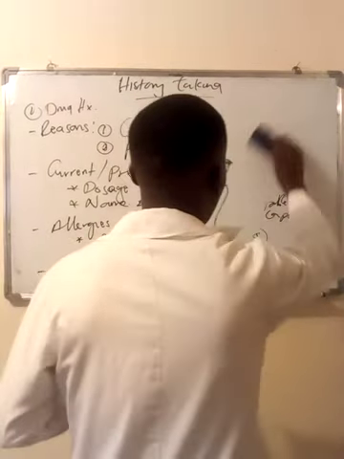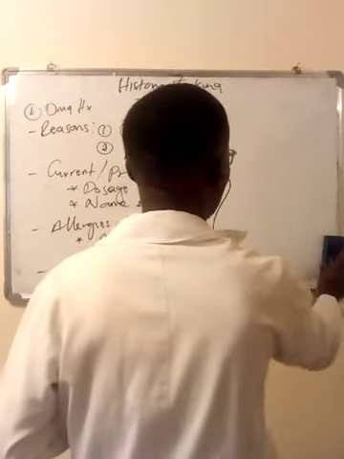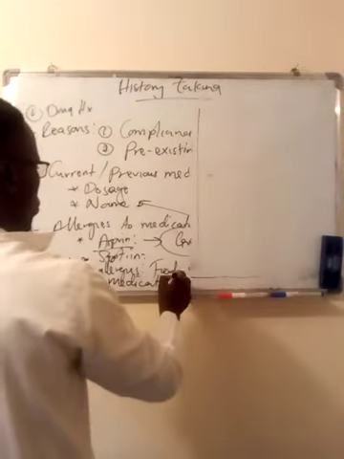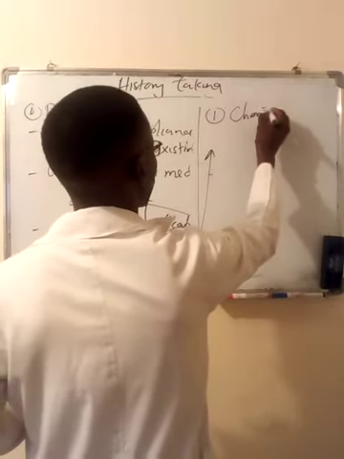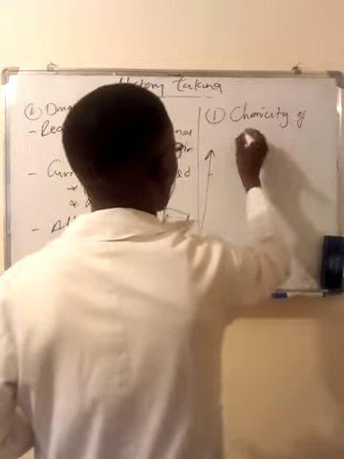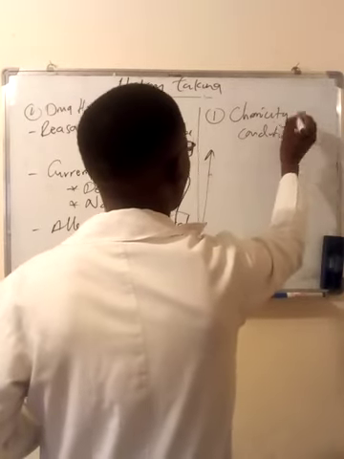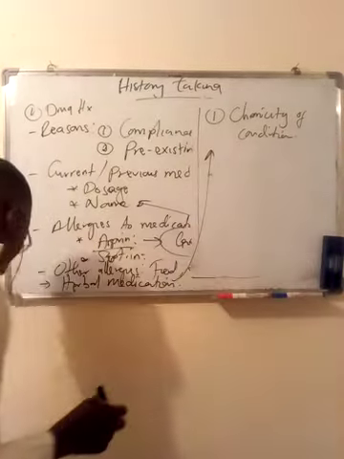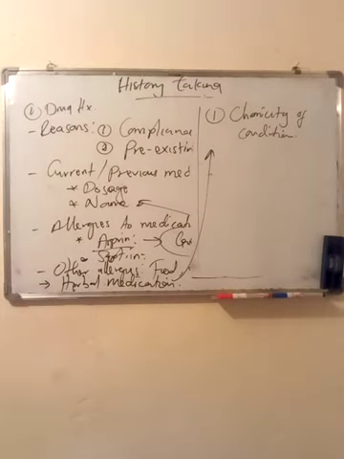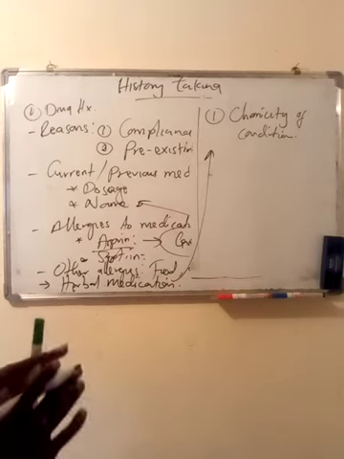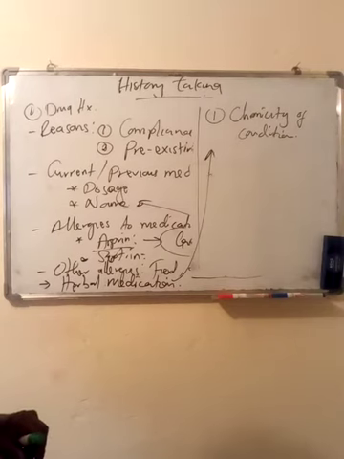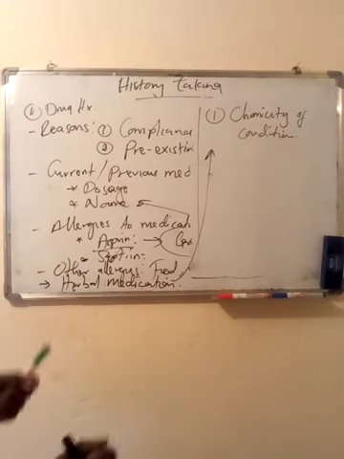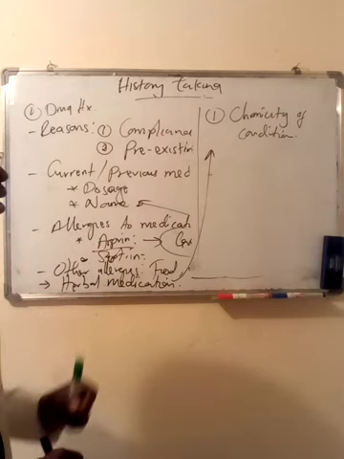Now, the reason why people tend to use herbal medicines is, one, because of chronicity of the condition. Maybe the condition has been there for so long and they have tried everything possible. They have taken medications and so on, and the patient just feels like it's not helping at all. Then they opt to go to a witch doctor or a traditional healer or a herbalist, and then they get herbal medication.